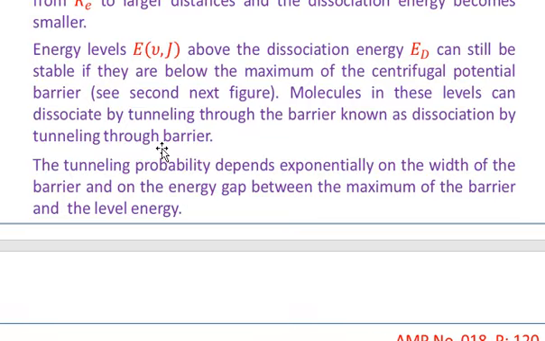So you see that I have shown you the level and I have also shown you the centrifugal barrier. So there should be tunneling, and the dissociation will be through the tunneling process, also known as tunneling through the rotational barrier. The tunneling probability depends exponentially on the width of the barrier and on the energy gap between the maximum of the barrier and the energy level.